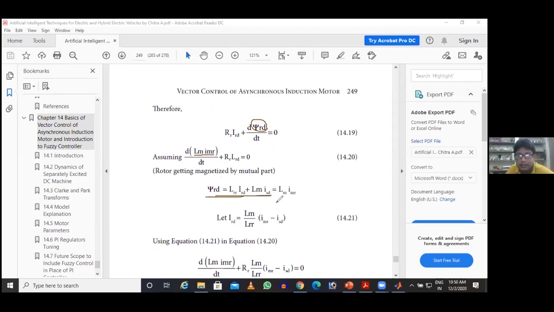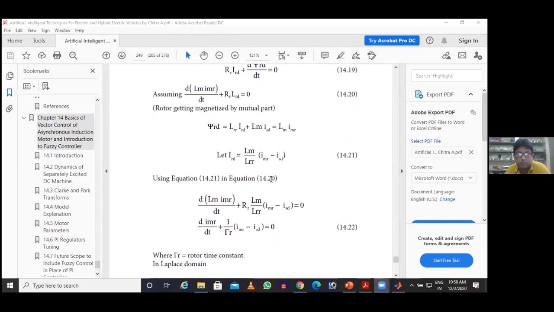And after vector control, when you are implementing, it is this one. And from there, as I told, the IRD, the rotor side measurement is not available. So I am replacing that. This IRD is replaced by this value. Now the differential equation, finally it turns out like this.